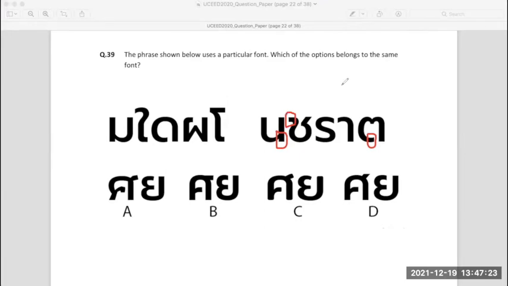Is that correct? या फिर यहाँ का भी देखो, for example. You agree? Yes, ma'am. So this is one observation.